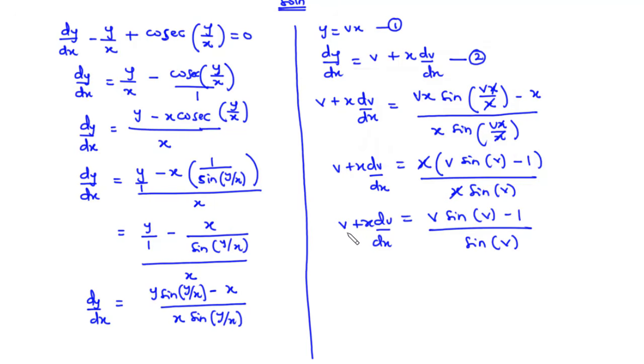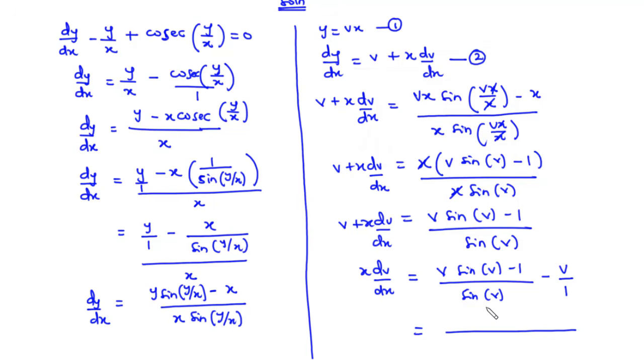Next, we are going to transpose this to the right hand side. So we have x dv dx equals v sine v minus 1 over sine v minus v over 1. Now let's find the LCM. So LCM between sine v and 1 is sine v. Sine v divided by sine v is 1.